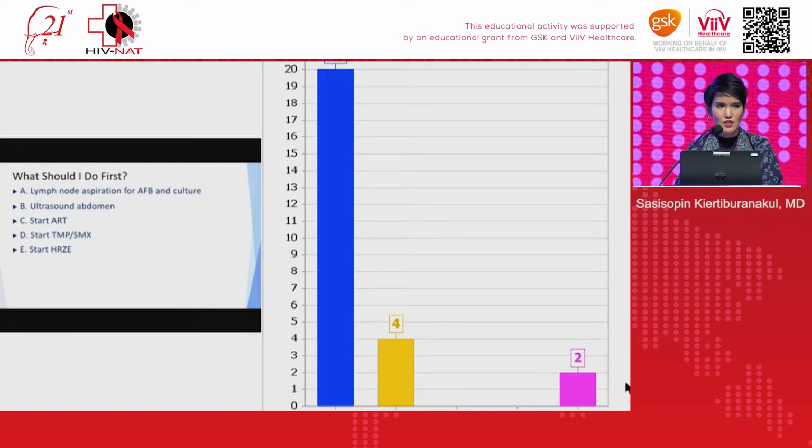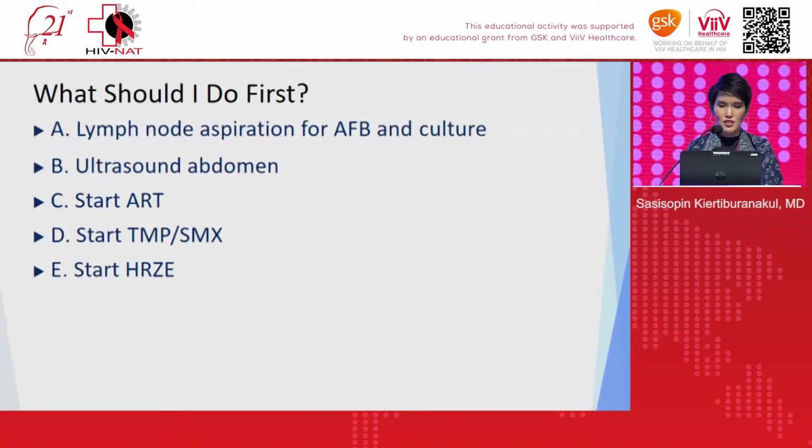And some of you start TB treatment without doing any diagnosis. So in this case, we planned to do lymph node aspiration, which is a bedside diagnosis for tuberculosis, and we also planned to do an ultrasound of the abdomen.